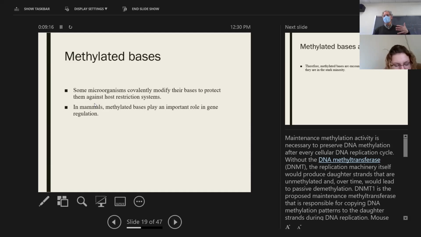That means that when the DNA replication machinery replicates the DNA, if there are bases that are methylated, then the DNA methyltransferase 1 enzymes work during replication to make sure that the replicated strand ends up with compensatorily methylated bases. So it keeps methylation that's there. So these are your maintenance methyltransferases.